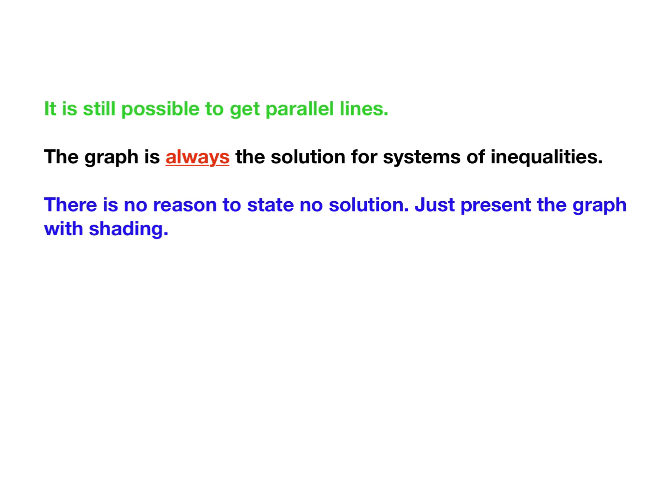Okay? You are not required to make a conclusion based off the graph that you see when you have parallel lines. Just do the graph, do your shading, and move on, okay? And then you're good to go. Because you still have to show the shading, regardless.